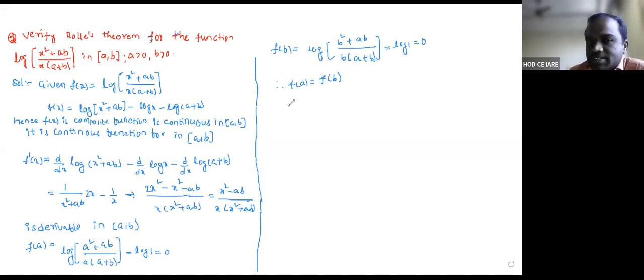Therefore, the three conditions are satisfied for Rolle's theorem.